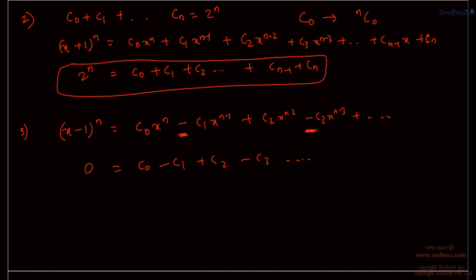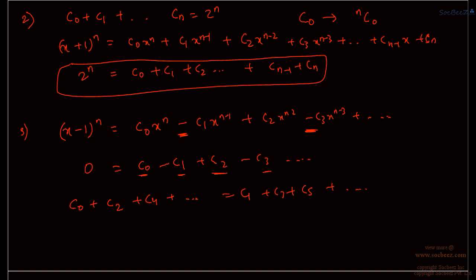You see that all the even ones have the plus sign, whereas all the odd ones have the negative signs, right? So you can write this, and this goes on till the end uniformly, as C0 plus C2 plus C4 is equal to C1 plus C3 plus C5.